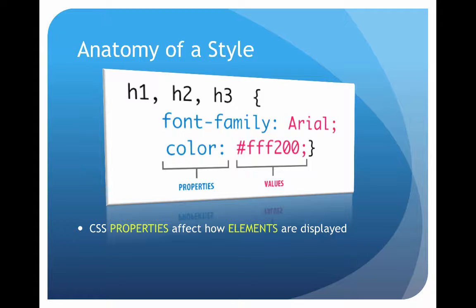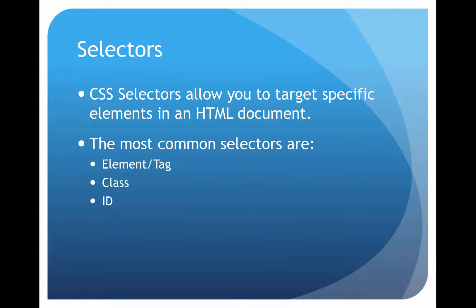So the values and the properties work together to form a declaration that work to define a selector. Now there are different types of selectors. This is also important to understand because CSS selectors are what are allowing us to target specific elements in our HTML document. In the previous examples we saw heading 1s and paragraphs were some of our examples.